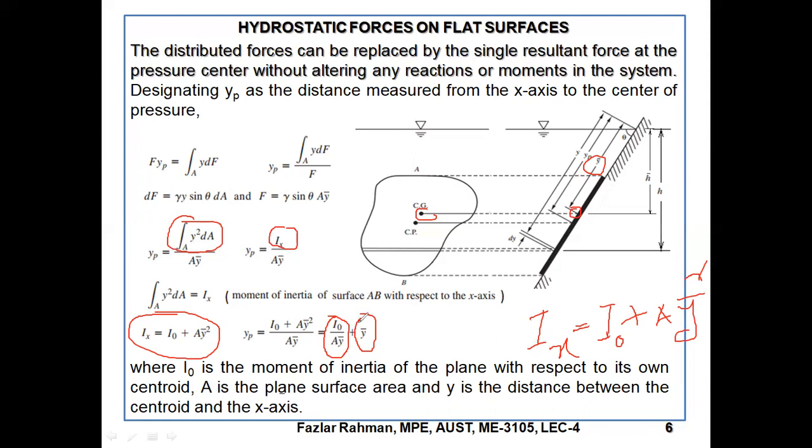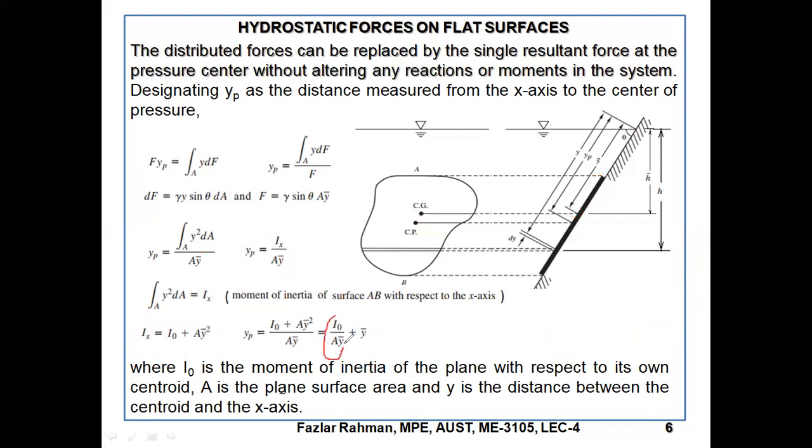So the two values you see, Yp is always higher than y bar, because this value will be how much? From here, I cannot say that Yp is always greater than y bar, because if I think this is 0, then what are we getting? Yp equal to y bar, but this value will never be 0, right?